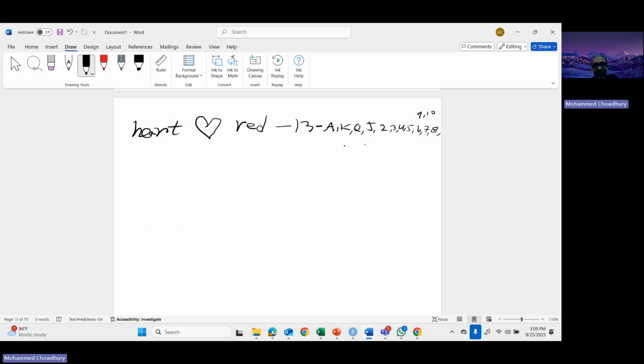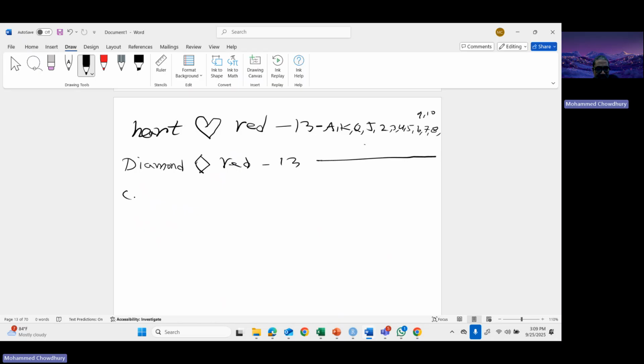Then this is called the diamond, and it has a shape like this. And this is red. The 13 cards are distributed the same as this.